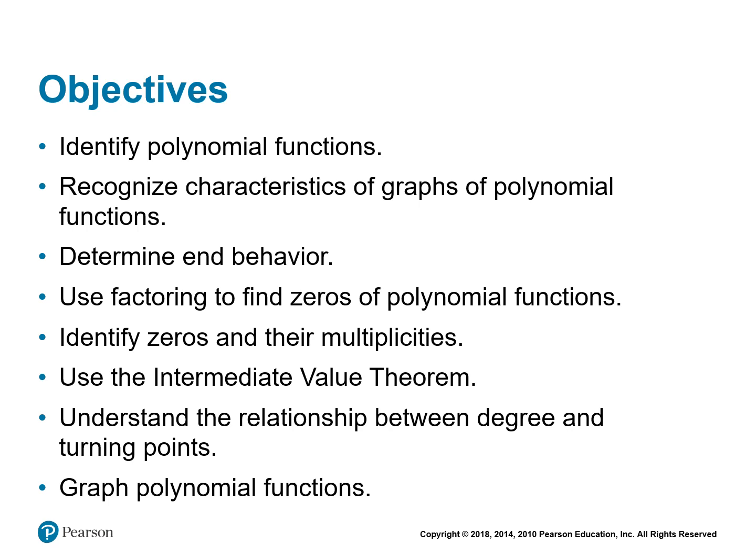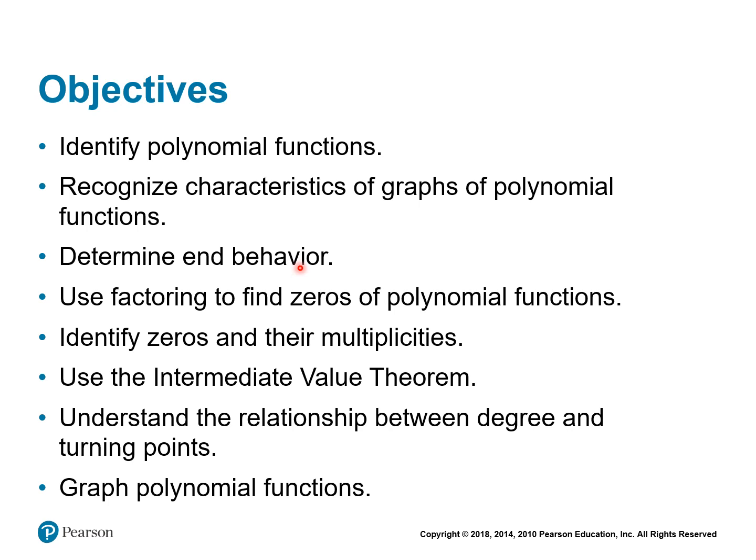Let's go over the topics that we are going to cover in this chapter. First, we are going to learn to identify polynomial functions, and then we will talk about some properties of graphs of polynomial functions. Determine the end behavior of the graphs.